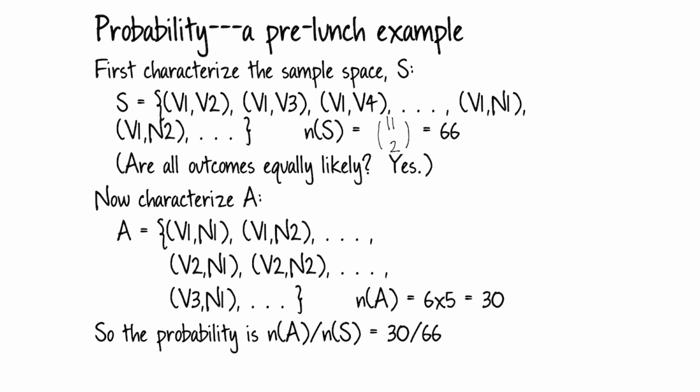So we have 30 possibilities, and I think this is what you were getting at, 30 possibilities for a pizza with 1 vegetarian and 1 non-vegetarian topping. And so then we just divide the number of outcomes in that event by the total number of possibilities. So we end up with 30 over 66.